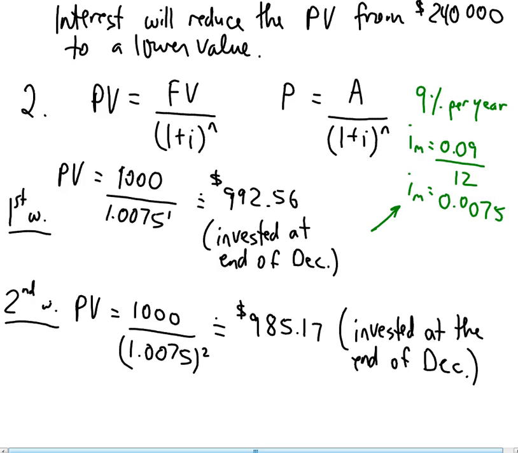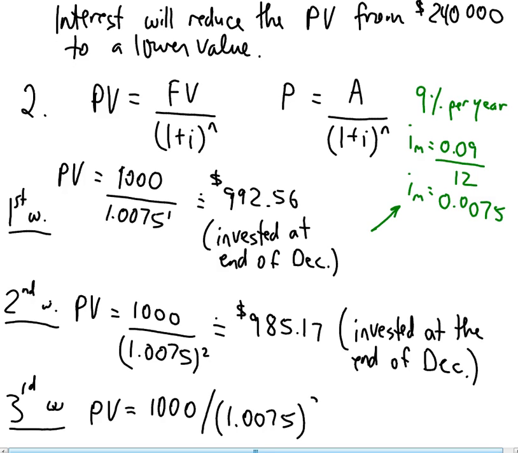All right, now the third withdrawal, of course, in 2D would be even smaller than that, and without calculating the value, the third withdrawal would simply be 1,000 in the future divided by 3 compounding periods at 0.75% monthly, and that will certainly be even less than, yes, the present value for the third withdrawal will be less than the present value for the second withdrawal, which we saw was less than the present value for the first withdrawal.